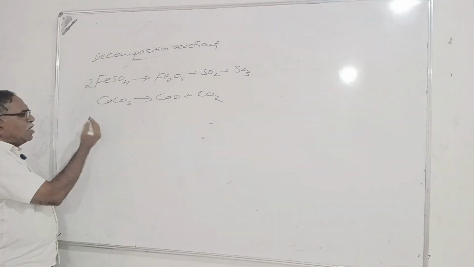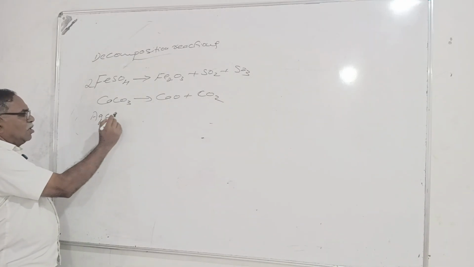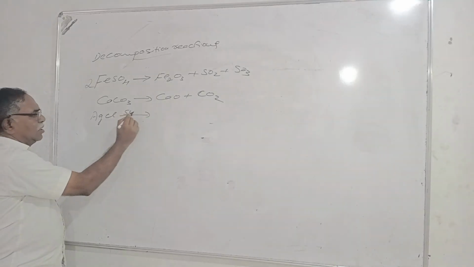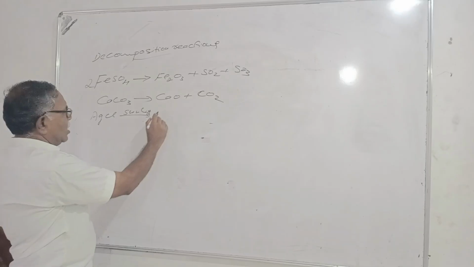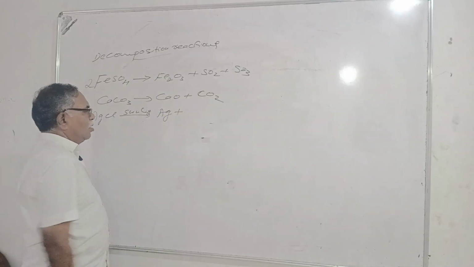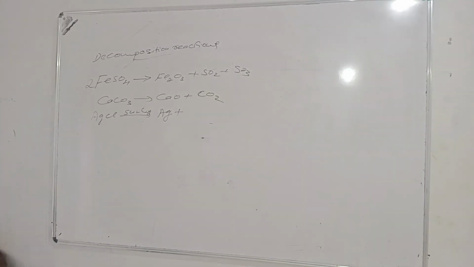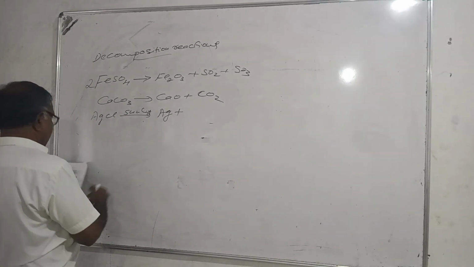Similarly, other decomposition reactions are there. Silver chloride in the presence of sunlight decomposes into silver and chlorine.